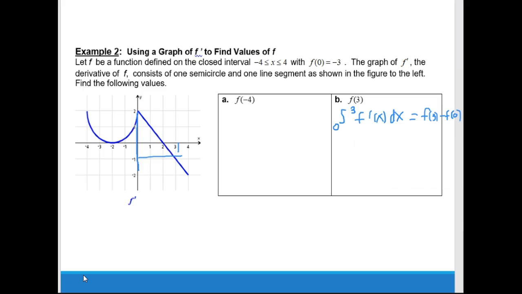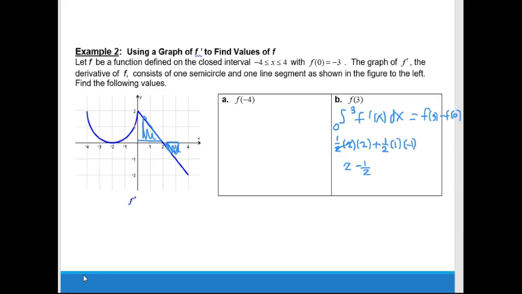So the integral from 0 to 3 would be this triangular area above and that triangular area below. So the integral would be the upper area, which is 2, minus the lower area, which is 1/2.